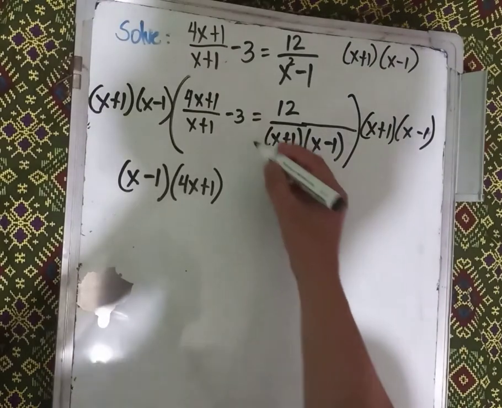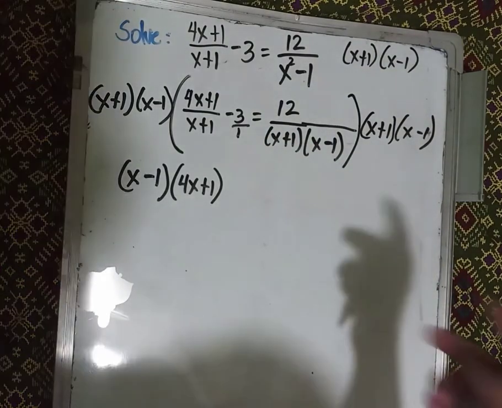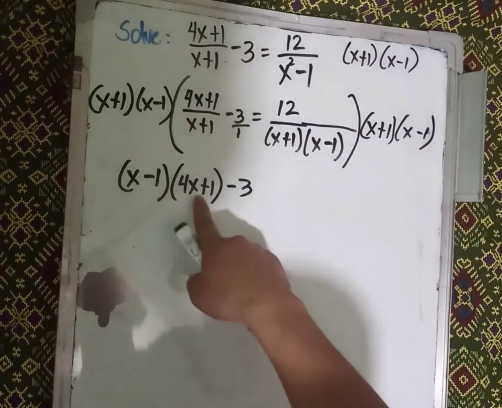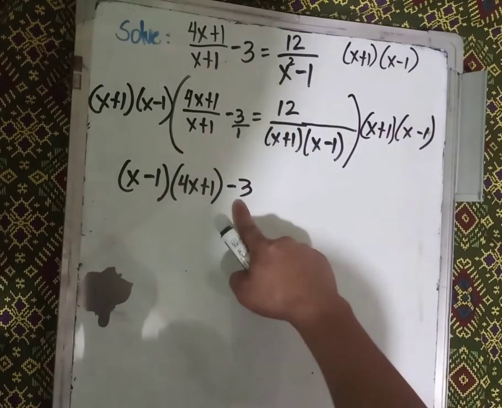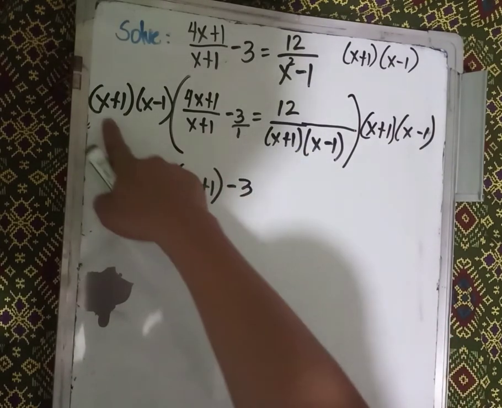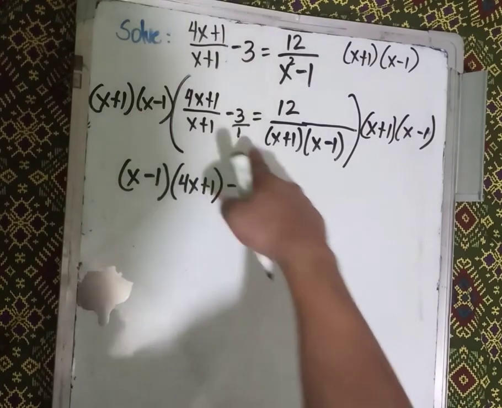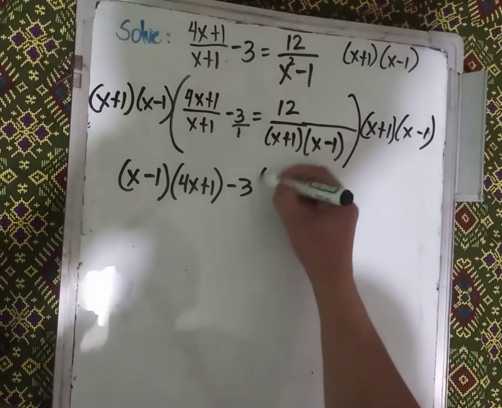Next, understood na dito may positive 1. So kopyahin muna natin ito ng negative 3. Pwede lang itong mauna. 4x plus 1, pwede rin itong mauna. Next, kopyahin natin negative 3, x plus 1 times x minus 1 divide 1. Okay, automatically, kung any number divide to 1, the answer is the number itself.